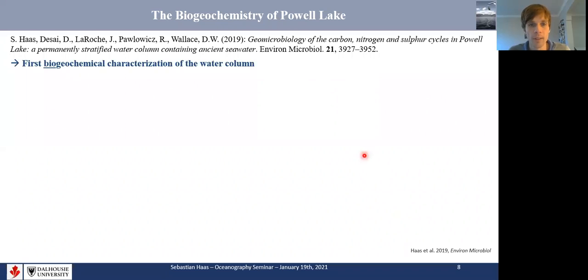Starting from this thesis chapter, there was a publication published in 2019, together with Duani Desai and Julie Laroche from the biology department and Rich Pavlovich from the University of British Columbia, which was the first biogeochemical characterization of the water column of Pow Lake.